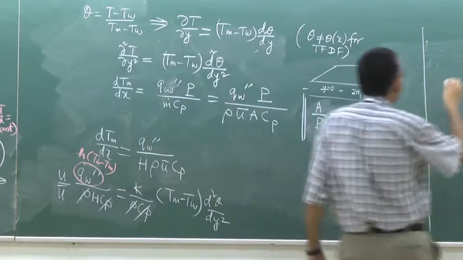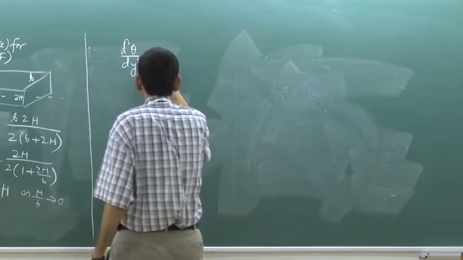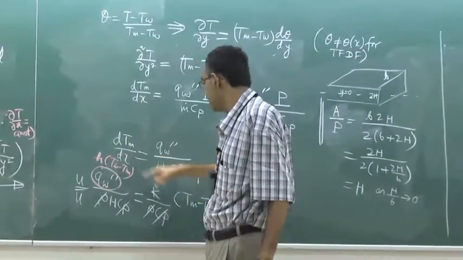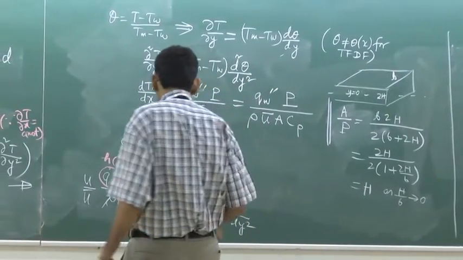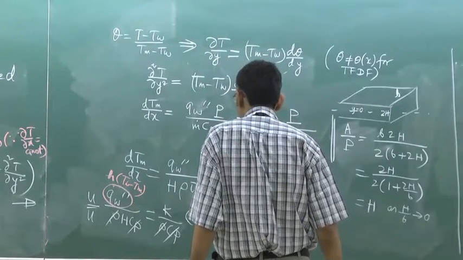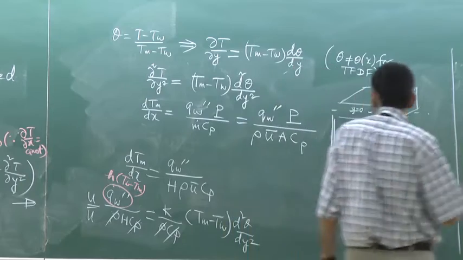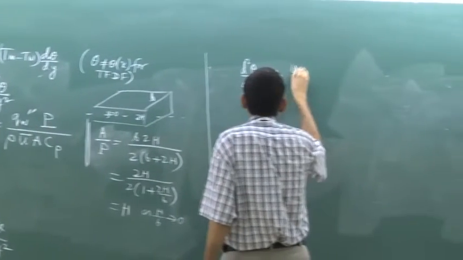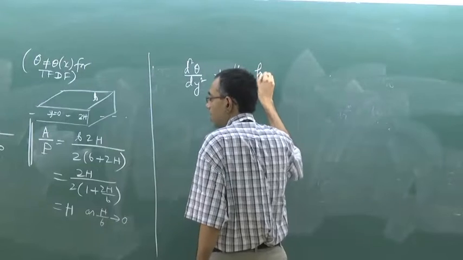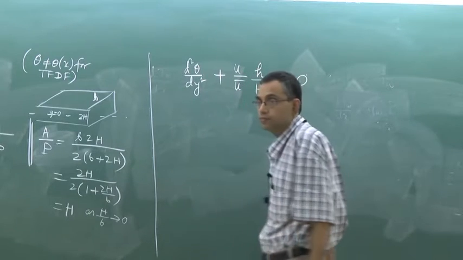So we can write d²theta/dy² plus, it becomes h, so Q wall by h, yes, d²theta/dy² plus u by u average into h by k equal to 0, right.